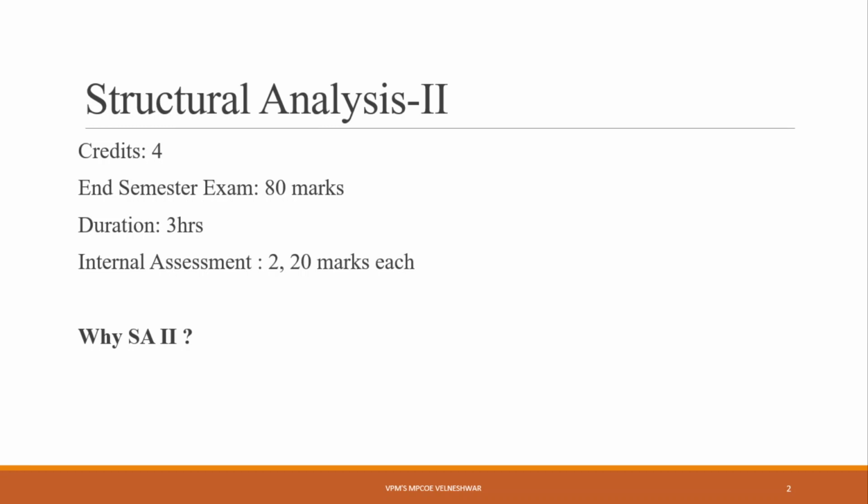So a beam is supported on a number of columns. It may be 3, it may be 4, it may be 5. But in strength of material, we have seen only a beam supported by 2 supports. It may have some overhanging portion.